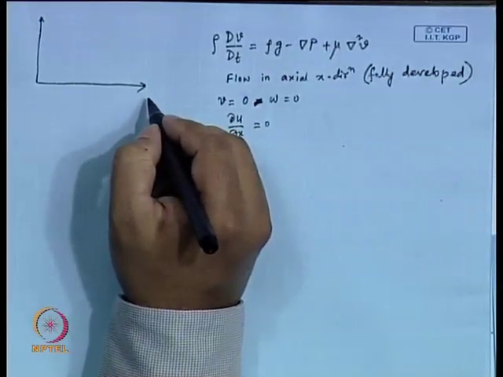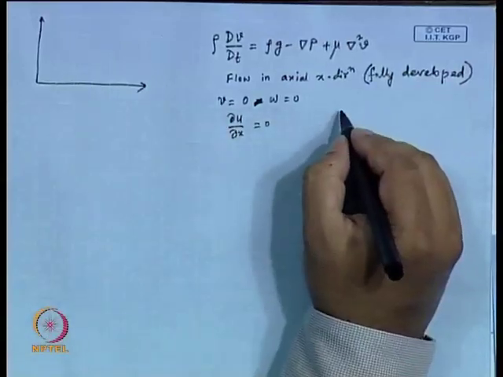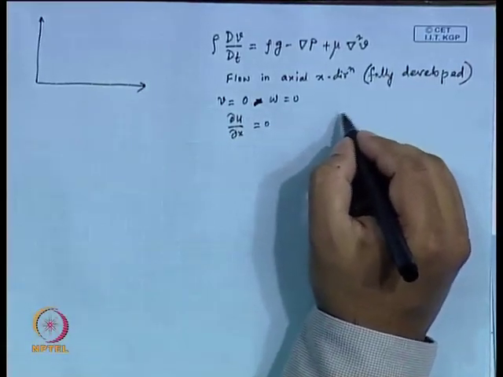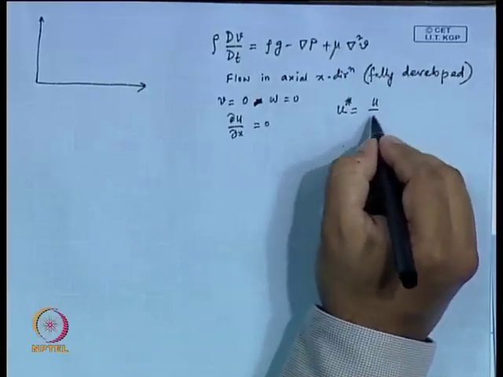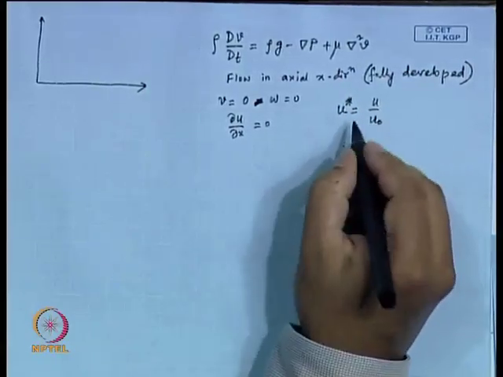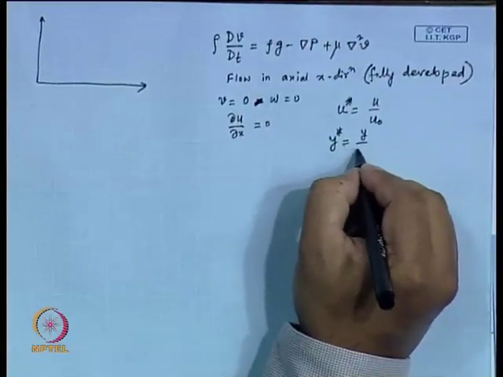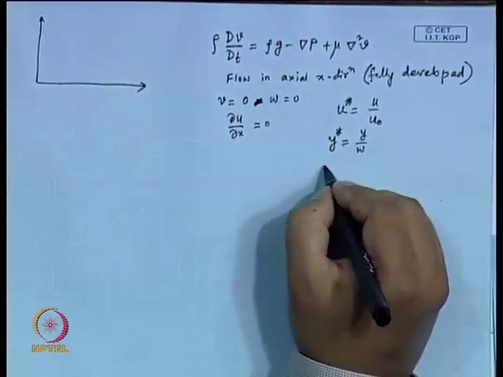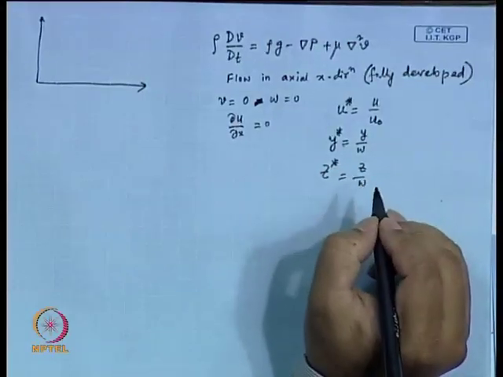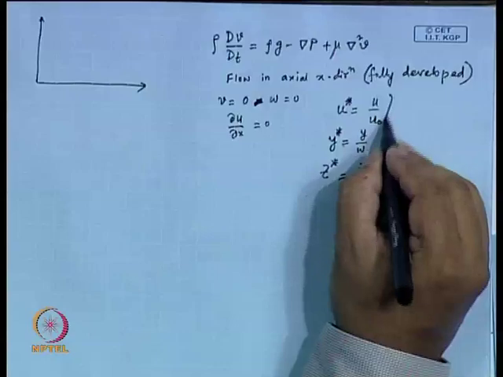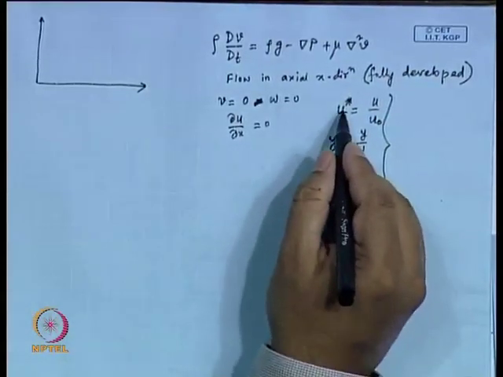Now, the other aspect is, before putting the drawing, let me point out that I am defining u star as a dimensionless value, u by u0, y star as y by W, z star as z by W. So, these are the dimensionless forms we have.